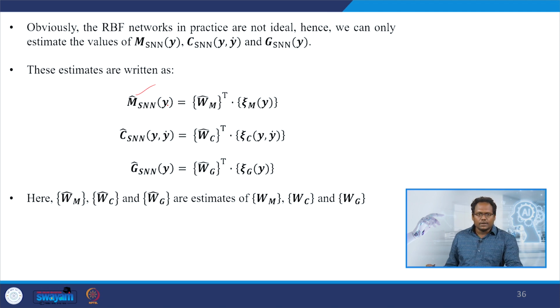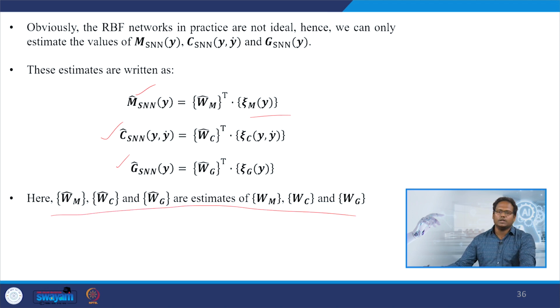M hat SNN of y is given by W_m hat transpose multiplied by the output of the hidden layer. Likewise, C_SNN hat and G_SNN hat can be obtained from the network parameters W hats respectively. Here W_m hat, W_c hat and W_g hat are the estimates of the ideal values W_m, W_c and W_g respectively.